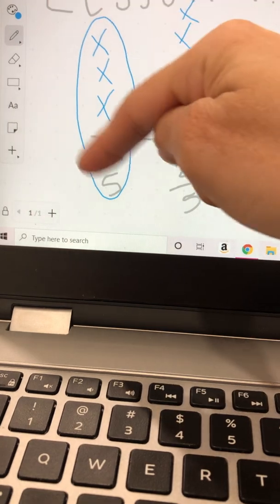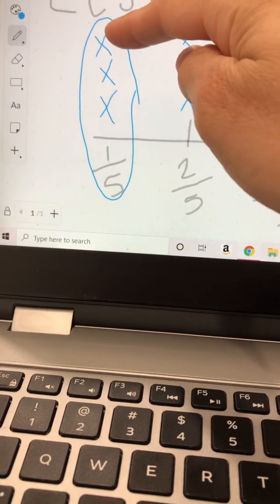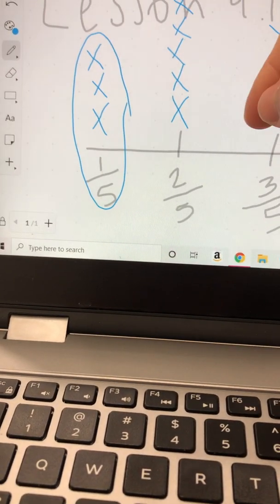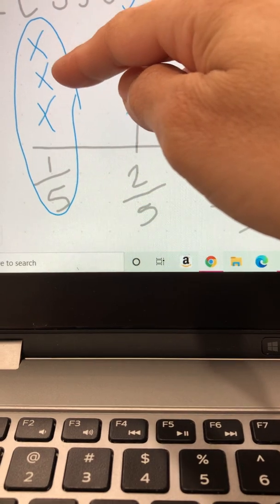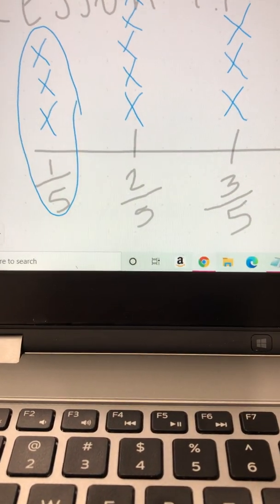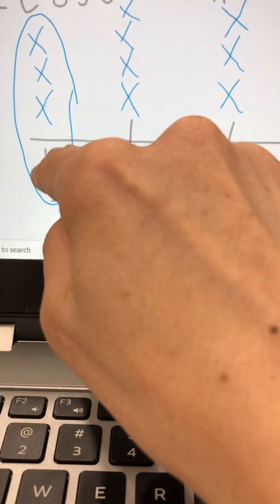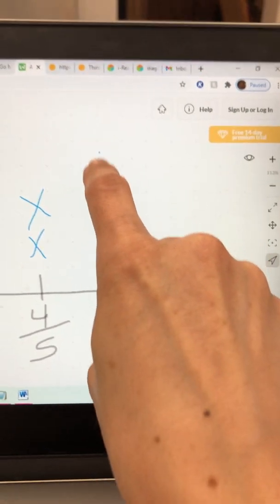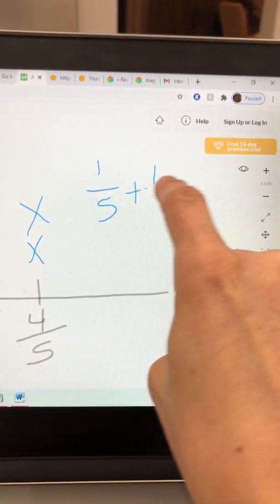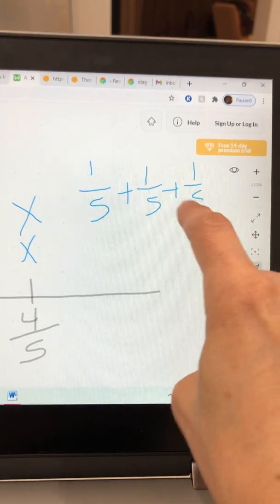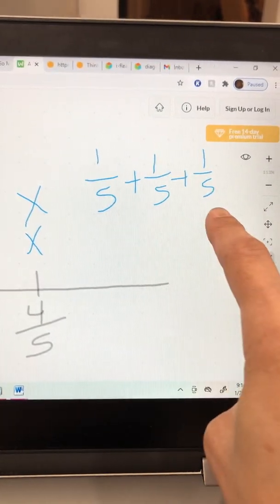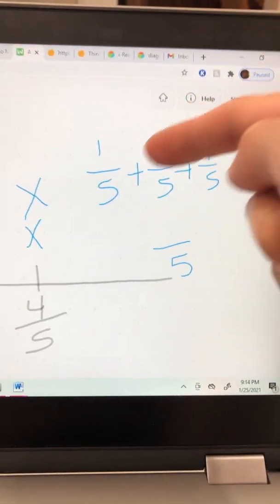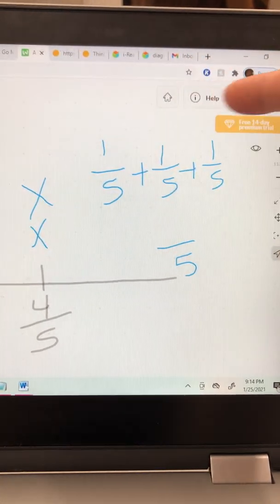We're saying that there are 3 beads and each one of them has a weight of 1/5 gram. 1/5 plus 1/5 plus 1/5 we know is 3/5, because when you add your numerators, it's going to equal 3. I'll do it over here. 1/5 plus 1/5 plus 1/5. When your denominators are the same, remember that you don't have to do anything. My denominator is going to stay the same, 5. And then just add your numerators. 1 plus 1 plus 1 is 3.